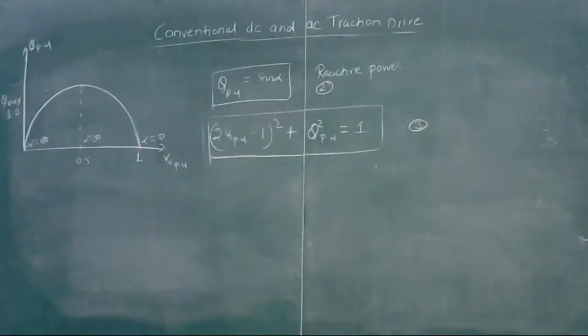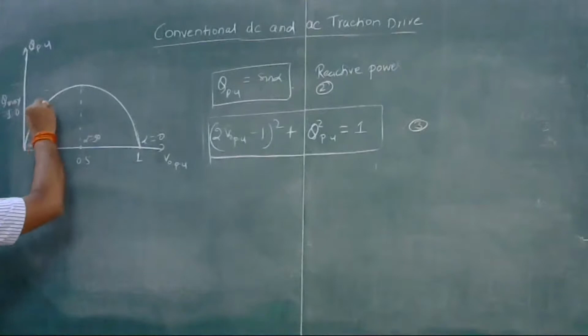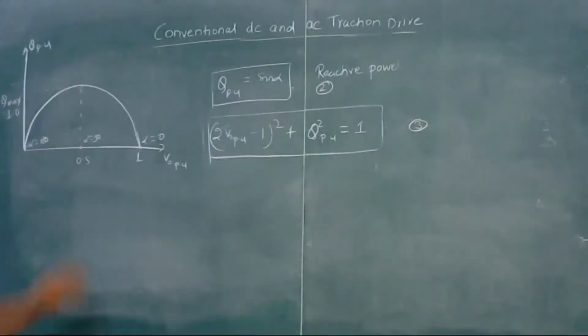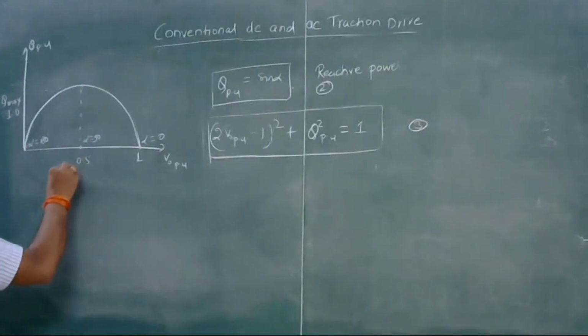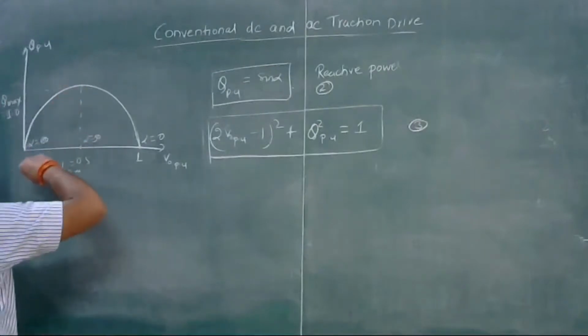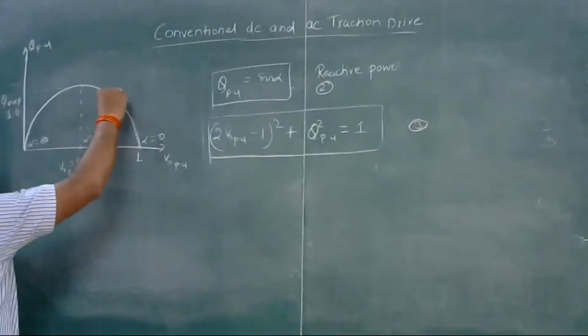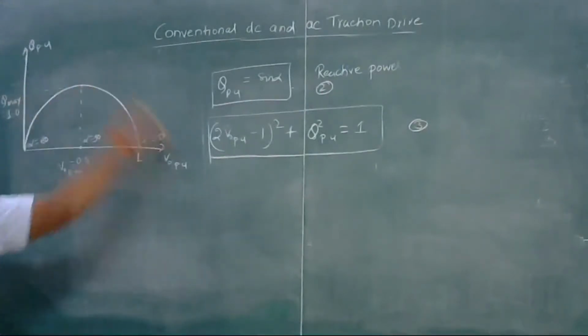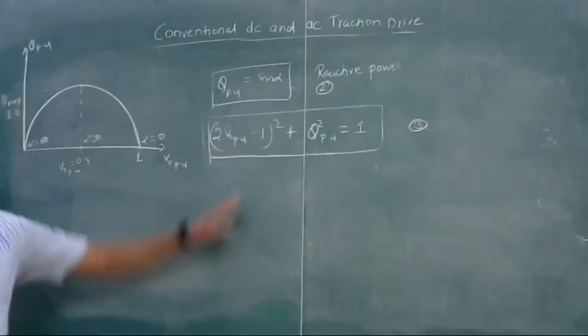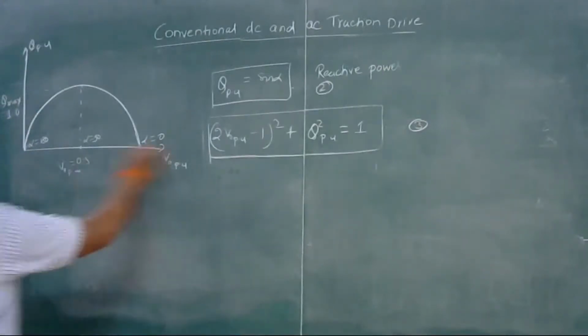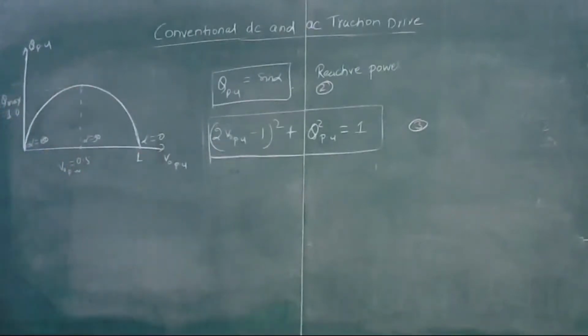So when we increase the output voltage, the reactive power also increases like this, and it becomes maximum at V_out per unit equal to 0.5, and then if you increase voltage, the reactive power decreases gradually, and this plot is drawn in accordance with this equation. Okay, so this equation is very important. So we have substituted various values of V_out, and we got this curve.